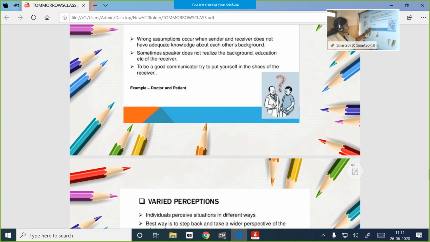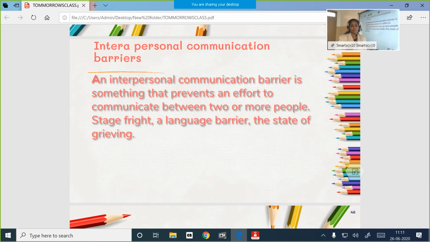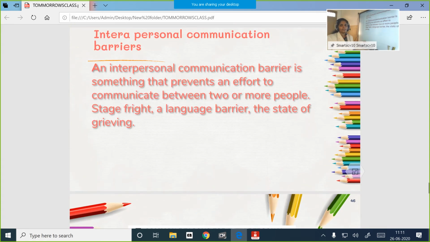Then the next one is interpersonal communication. When we communicate with another person, what are the barriers that we undergo? That is called the interpersonal communication barrier, which prevents us from talking to another person. What are the barriers that prevent us from communicating with the other person?